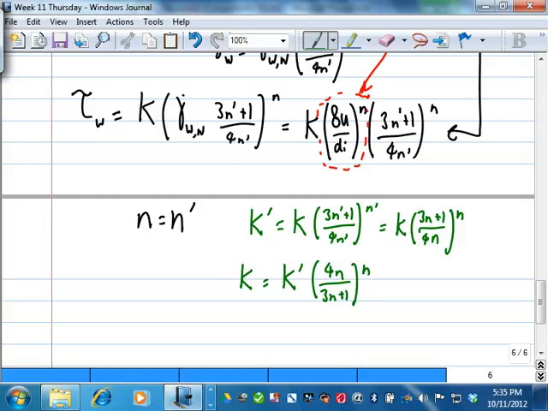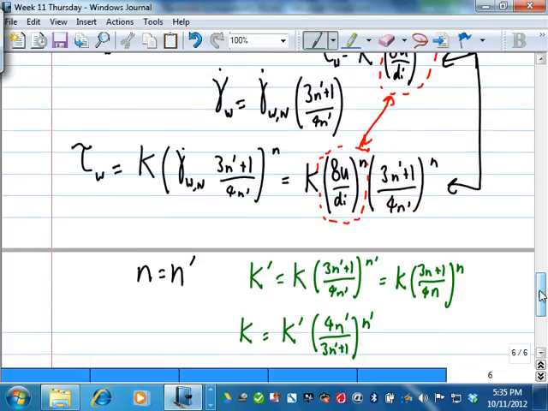If you know it's a power law fluid, and you measure K prime and n prime, you can actually calculate what K and n are. Is that okay? Any questions?